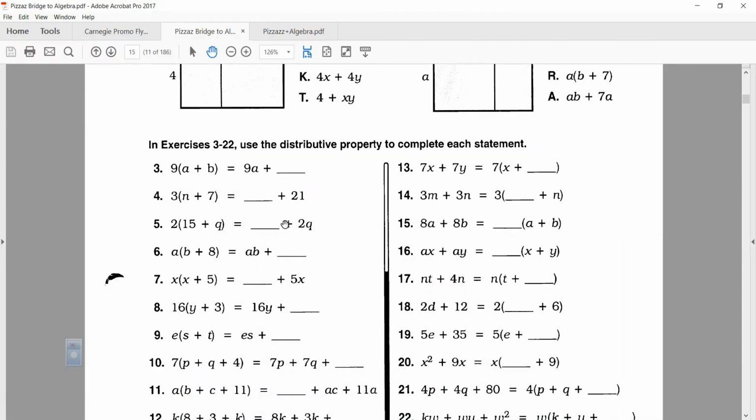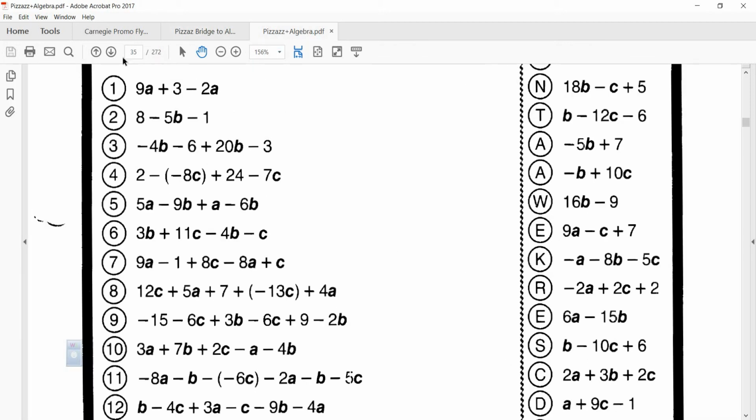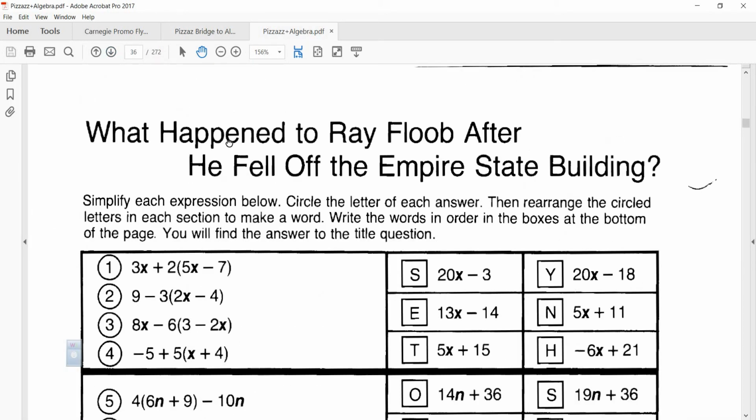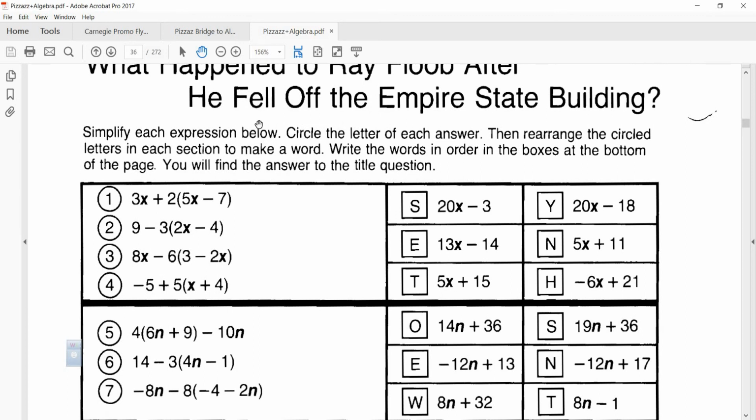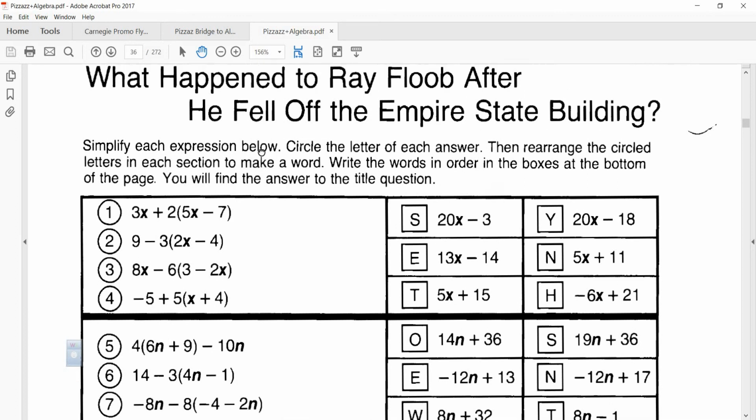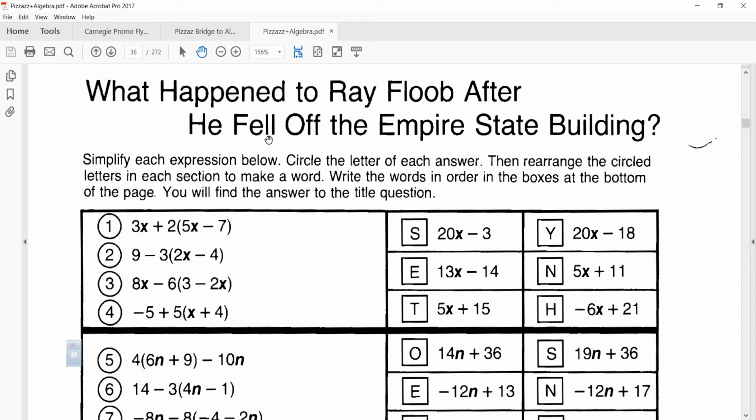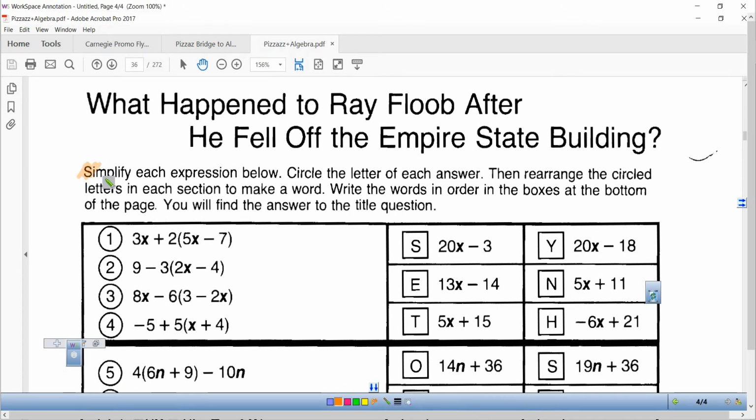Now we want to go ahead and combine these, and we're now going to be looking at problems where we do both applying the distributive property and combining like terms. We're going to apply the distributive property and combine like terms, and that's going to simplify our expression. So we're going to be simplifying expressions by distributing and combining like terms.